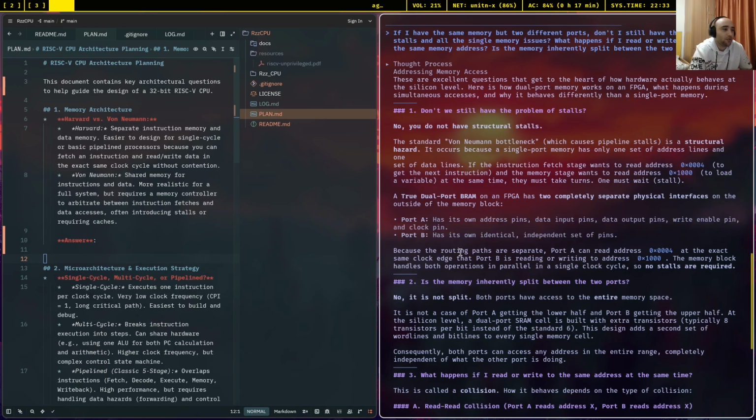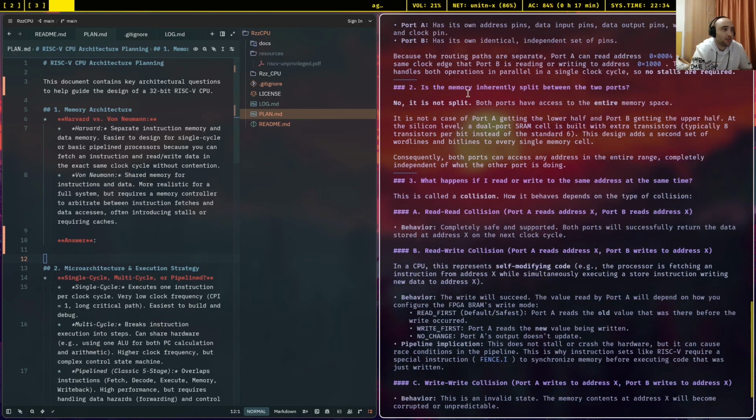Yes, we have two ports. Sure, we don't have stalls, but maybe we have concurrency issues. So it is inherently parallel. Okay, no, it's not split. Both ports have access to the entire memory space. It is not a case of port A getting the lower half and port B getting the upper half.